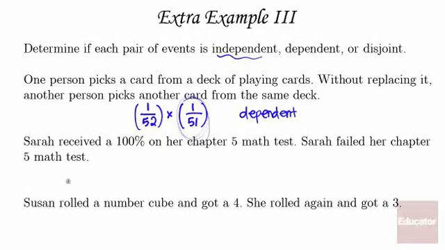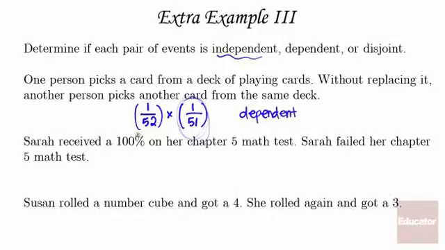Now the second one. Sarah received 100% on her Chapter 5 math test. Sarah failed her Chapter 5 math test. The first event is that she received 100%. Okay? She got an A+. Nothing wrong. Then the second event, Sarah failed her Chapter 5 math test.